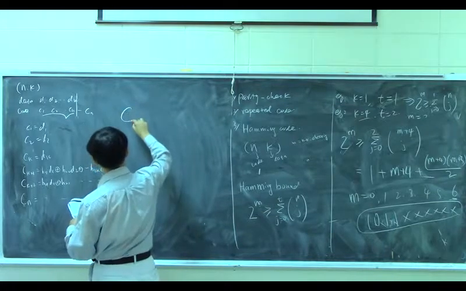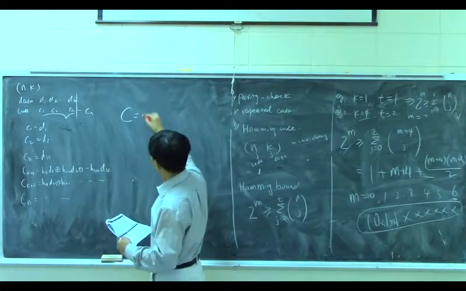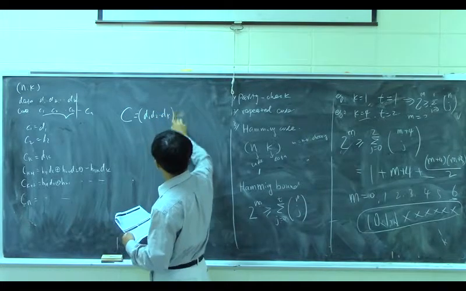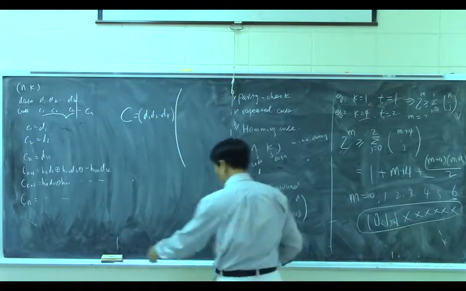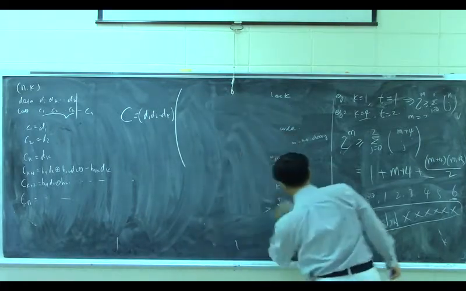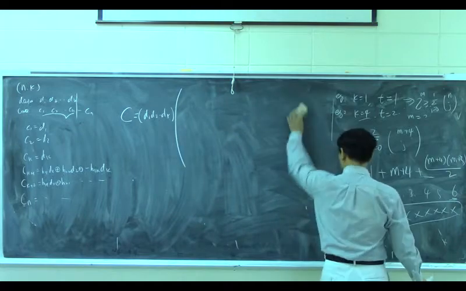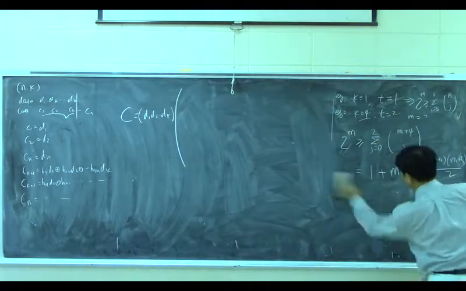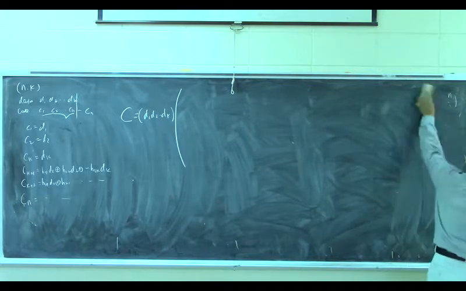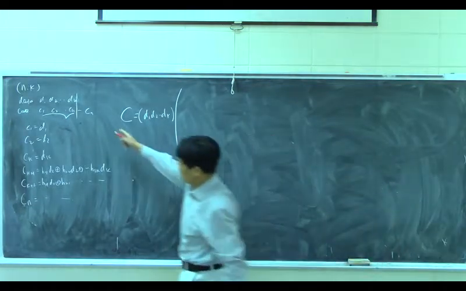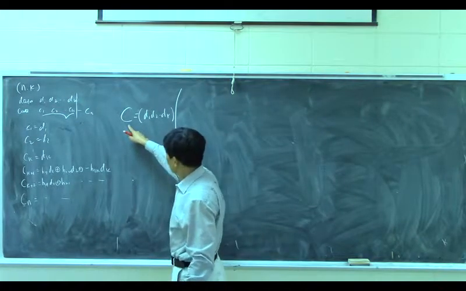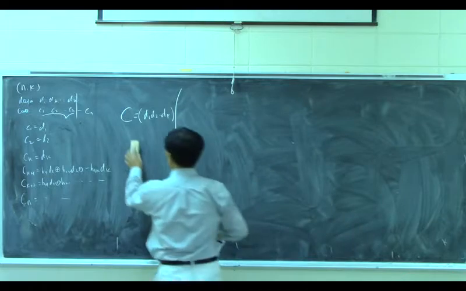So the matrix will be: the code equals the data D1, D2, ..., DK times a matrix. Based on this rule, what is the code?